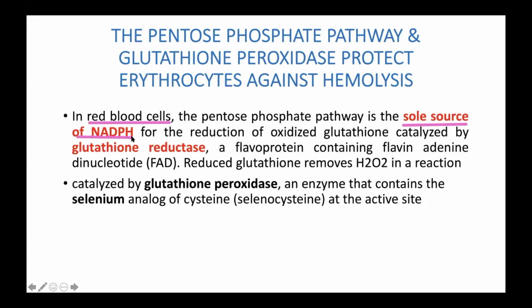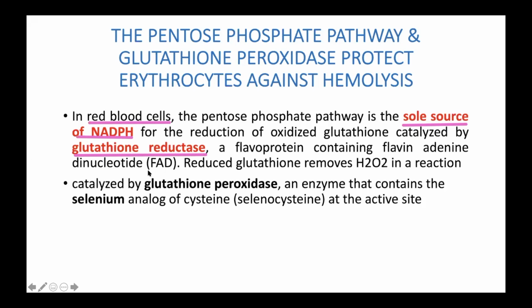Please memorize that. In the red blood cell, the pentose phosphate pathway is the sole source of NADPH for the reduction of oxidized glutathione. Oxidized glutathione needs to be reduced, and the enzyme here is glutathione reductase.